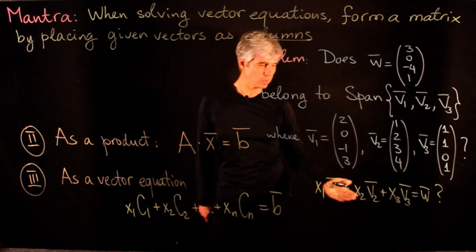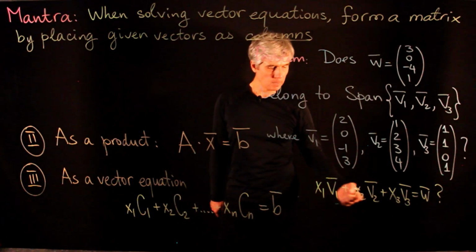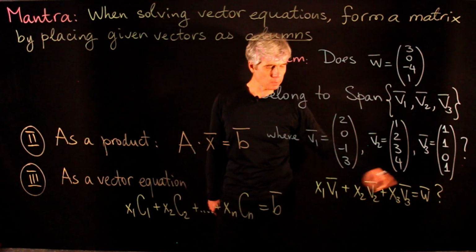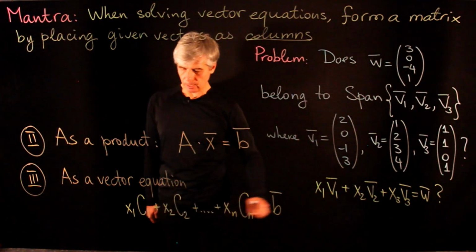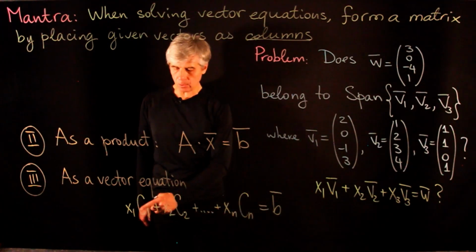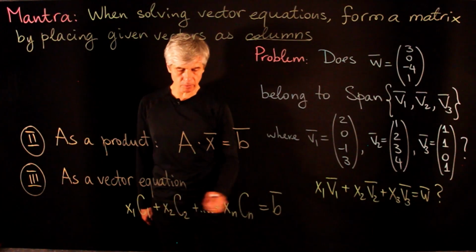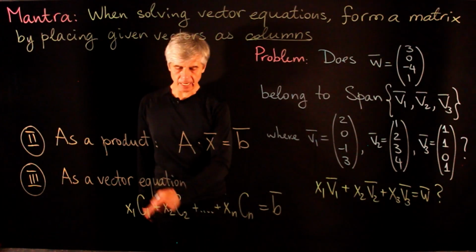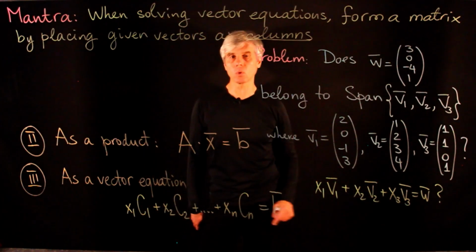Right? So this means that we take this vector equation, we interpret these vectors as columns, and we get a vector equation that corresponds to a system of linear equations. And then we form matrix A by taking given vectors as columns.